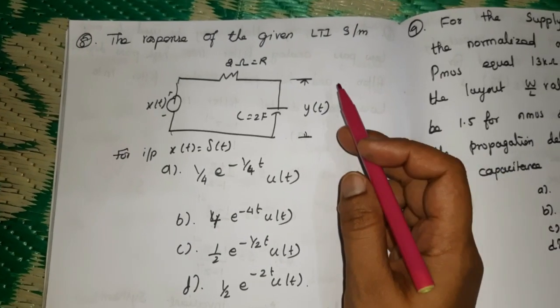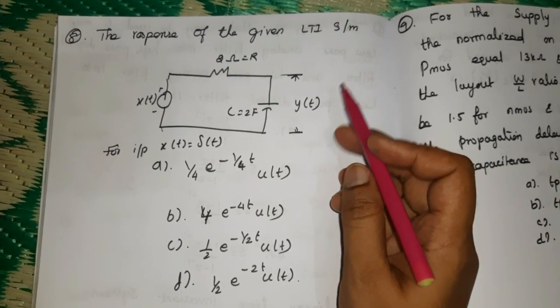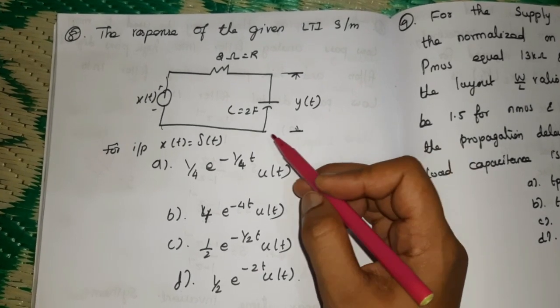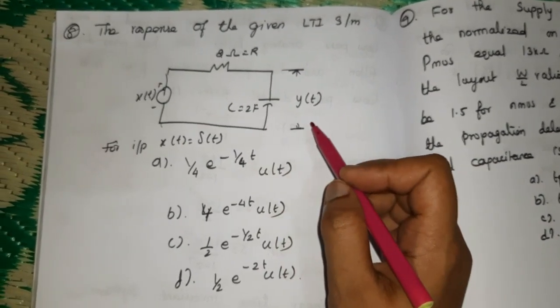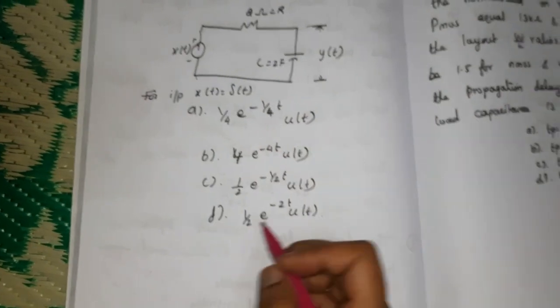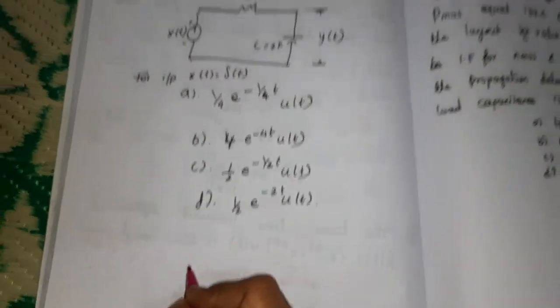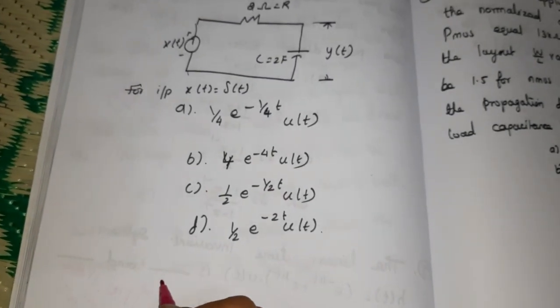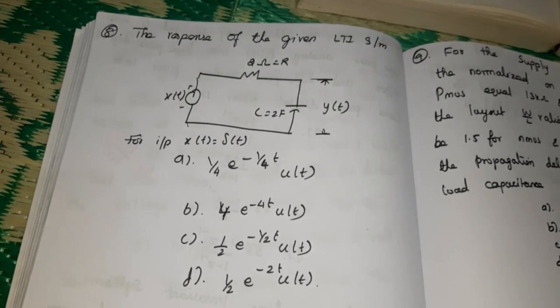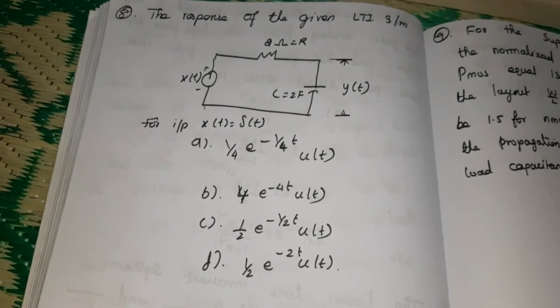And next question: the response of the given LTI system for the input x of t equal to del t. We have to find y of s, that is the response y of t. So first we find y of s divided by x of s.